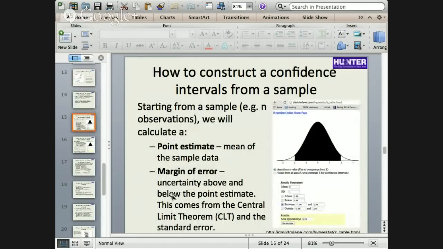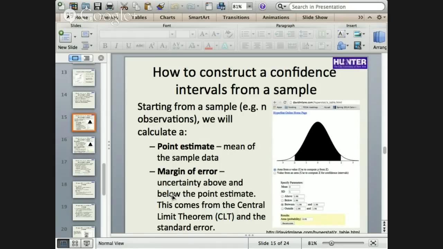So all that is involved in constructing a confidence interval is to take your sample. This might be 100 measurements of weights, of blood cholesterol, or guesses of someone's age. And you calculate what the sampling distribution for a sample of that size is.